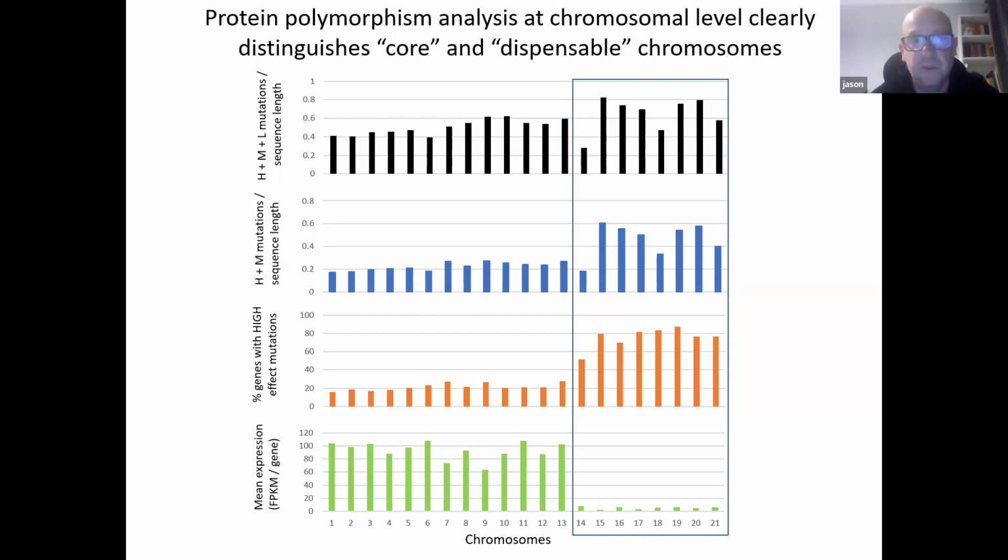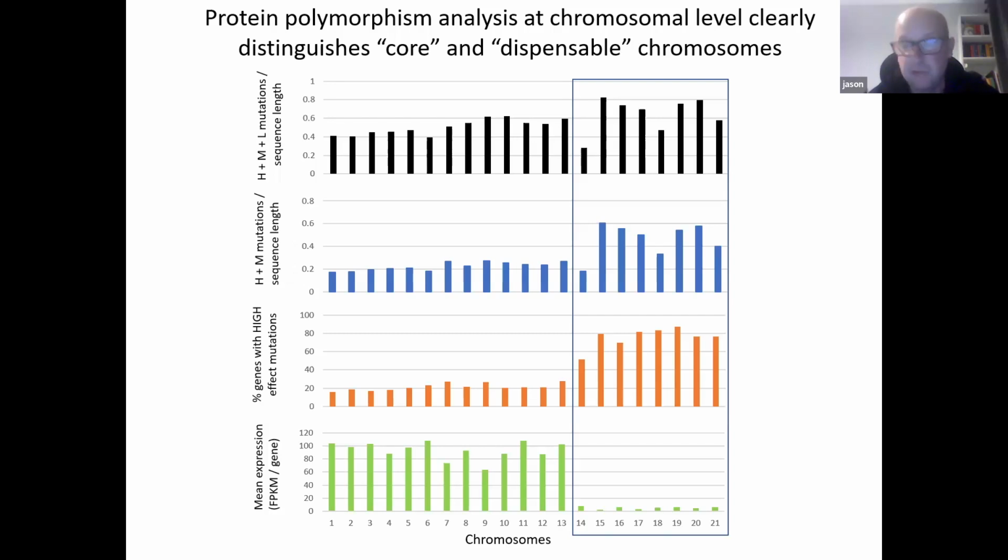And then when you remove the moderate effect mutations and go down to the orange bars, you can see that pretty much the percentage of genes with high effect mutations on those accessory chromosomes are way, way higher than the average number present on the core chromosomes, 1 to 13.